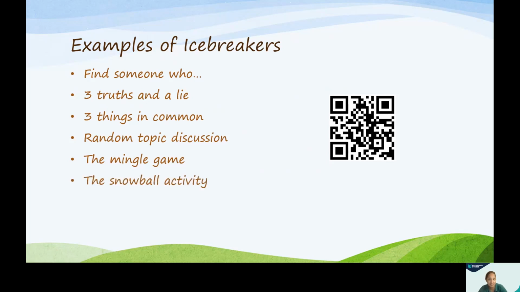Snowball activity is quite popular with teenagers, but with adult groups as well. Everybody writes on a piece of paper 3 things about themselves without writing their name. They then screw up the piece of paper into a kind of snowball. Then they start a little snowball fight in the classroom.